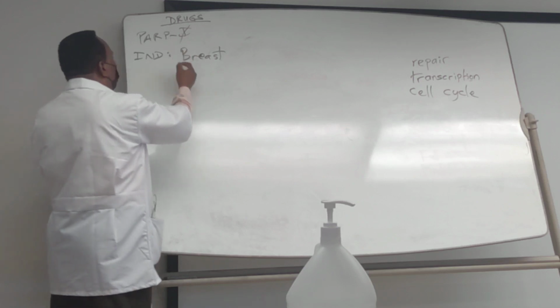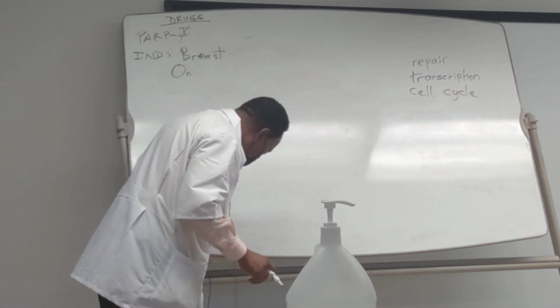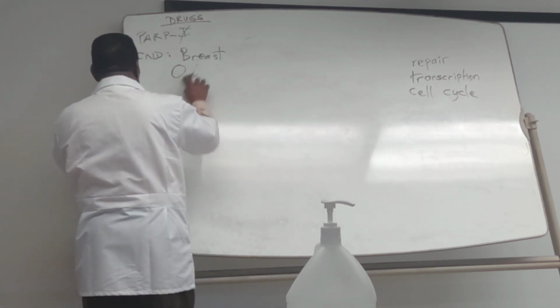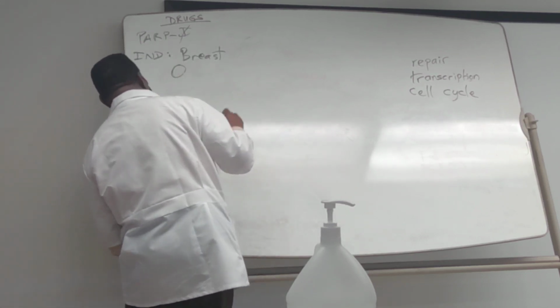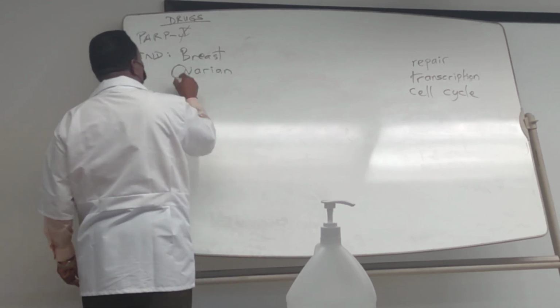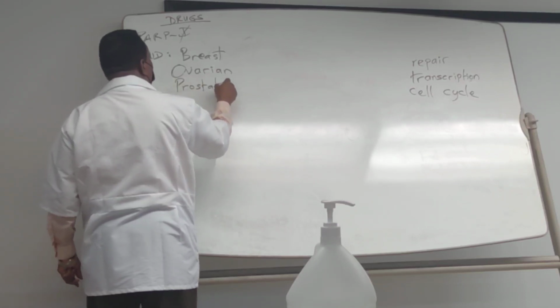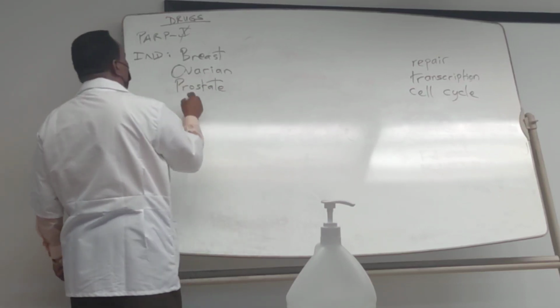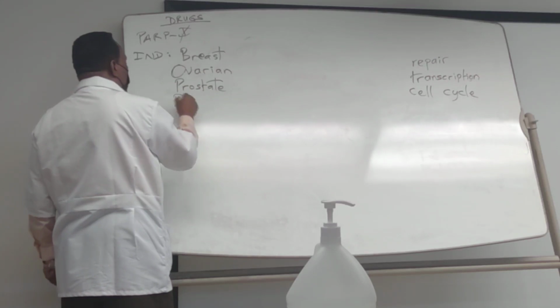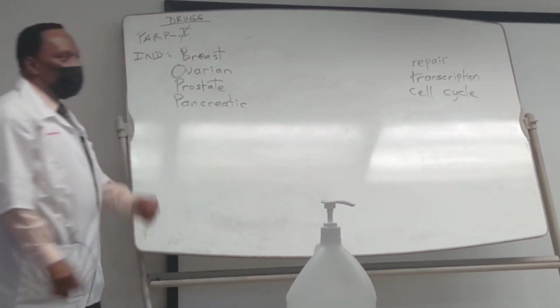Of course, that's the one we're talking about. It can also be used for the treatment of ovarian cancer. It's also effective in managing prostate cancer. It also works against pancreatic cancer.